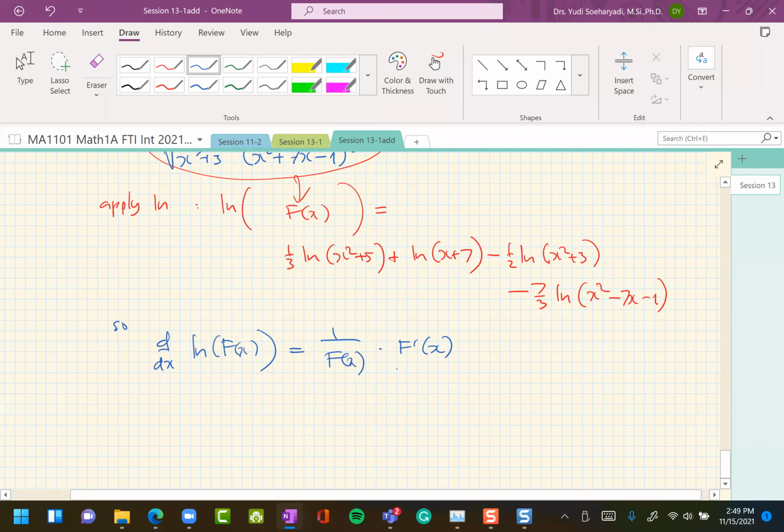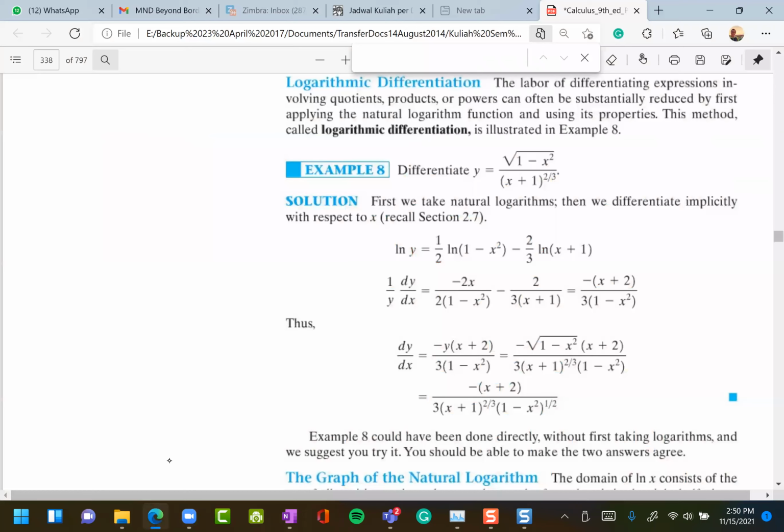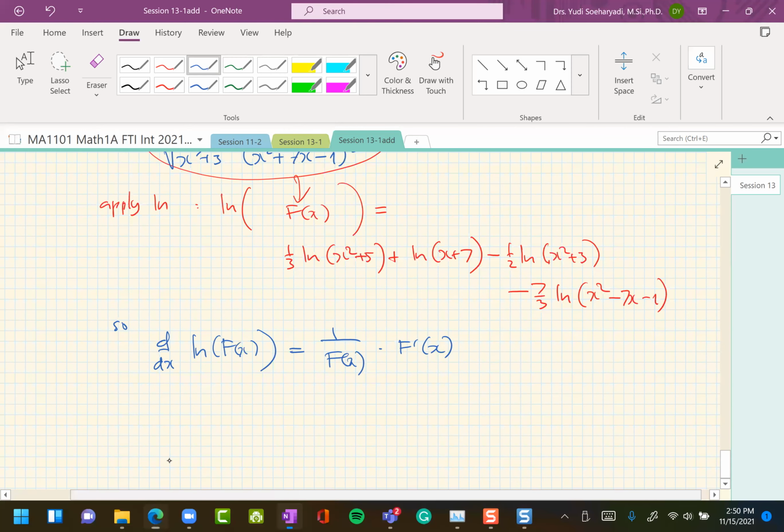Okay, and let's see, the derivative of this is... hold on. I suddenly forgot. Okay, this is the last one.